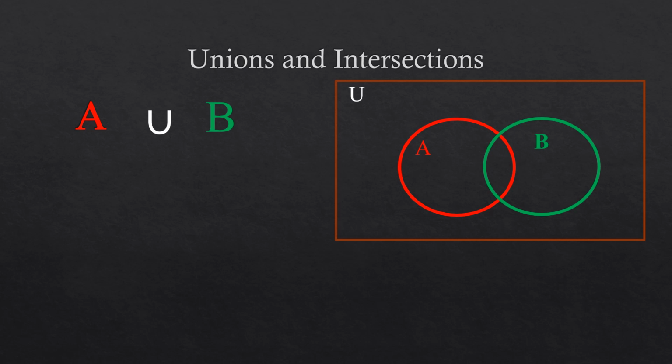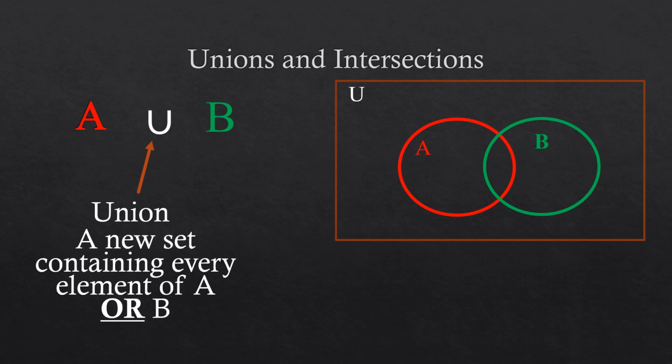The union is when you create a new set that contains every element of A or B. Now, the key word here is or. A union is represented with this U shape here, and it has this or right here. So you'll see me talk about having or a lot.